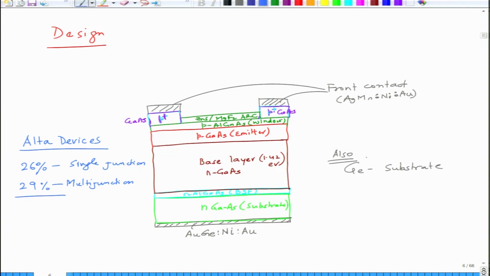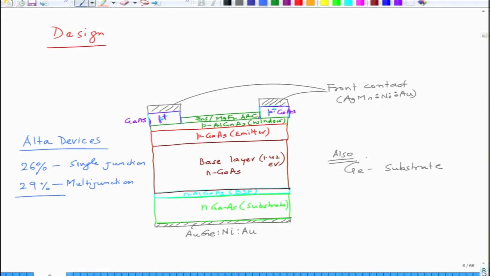So, this is the typical picture of a gallium arsenide solar cell. The concepts which are used in silicon are also valid here to improve the performance. So, design considerations are fairly similar: use of ARC, surface passivation, reducing the surface recombination, reducing bulk recombination, and so on and so forth.